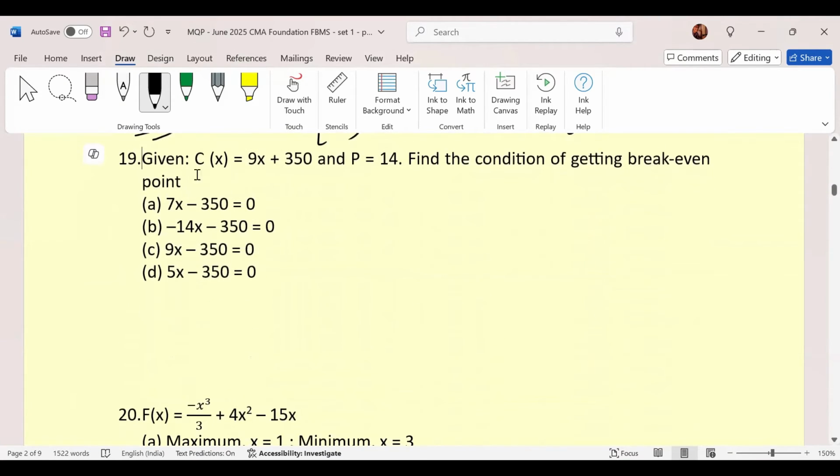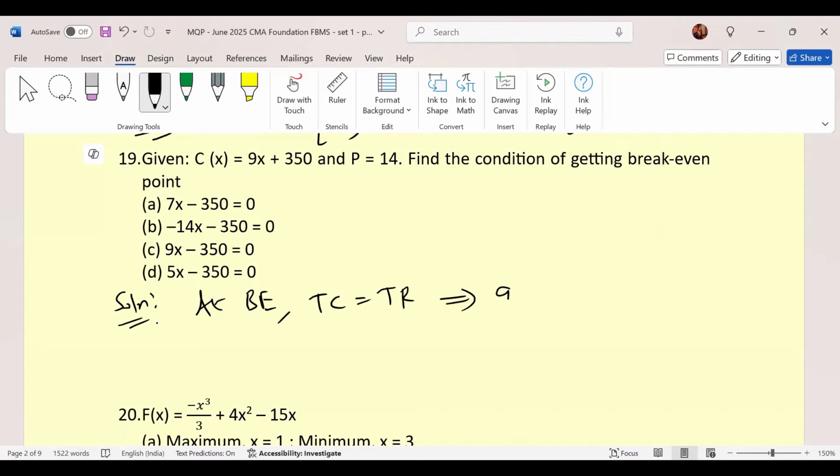Given C of x, C of x means cost function, 9x plus 350. P is price, which is equal to 14. Find the condition of getting break-even point. So at break-even, our total cost will be equal to total revenue.